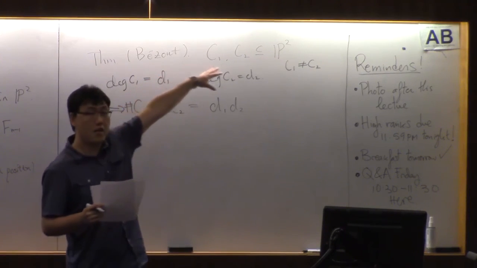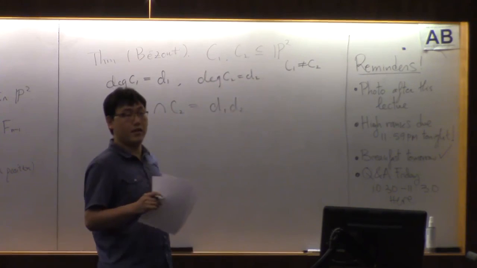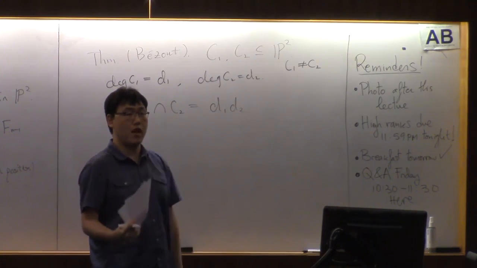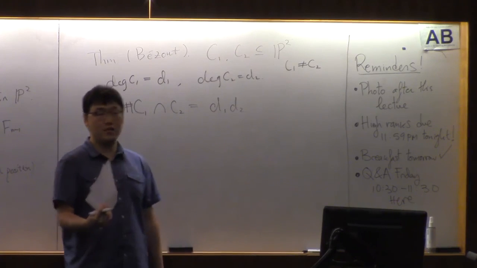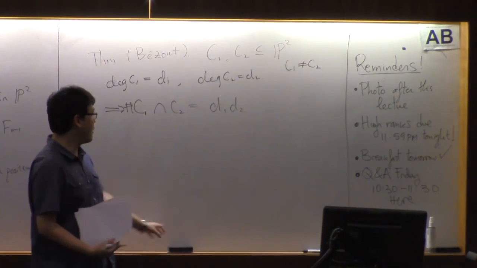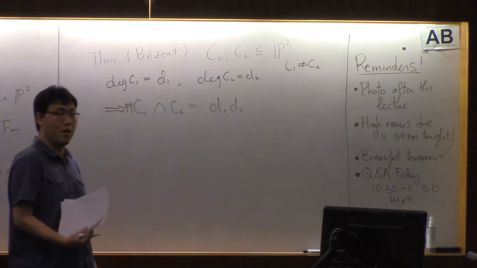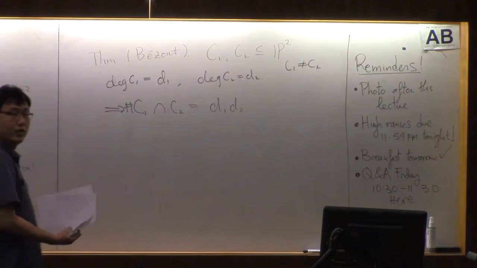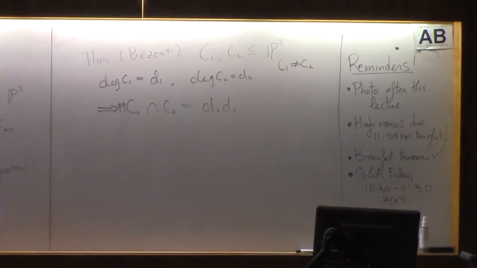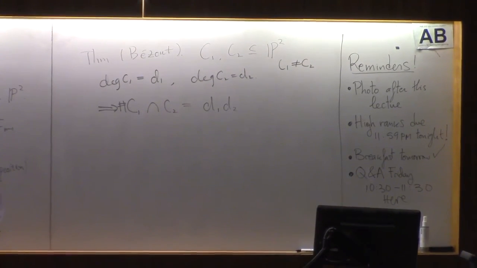Here in P2, in the projective plane, it is okay. The intersection is always the product of the degrees. But as you will see later, the intersection number is a very tricky one. So do you mean that no matter how we embed the curve into P2, it always has the same degree?